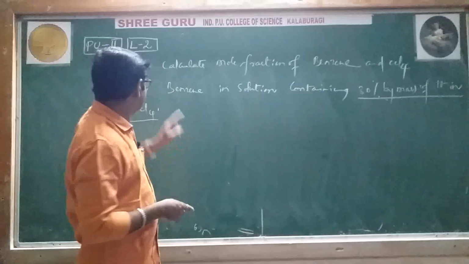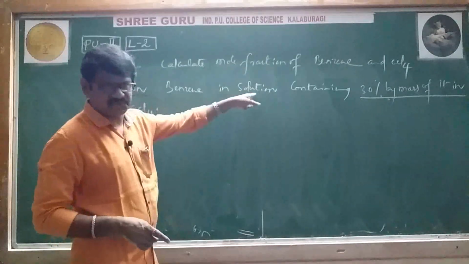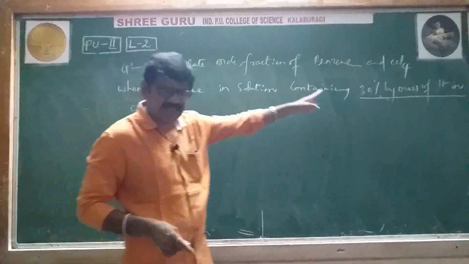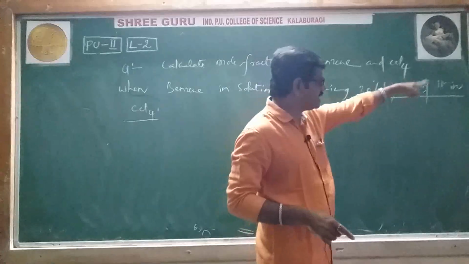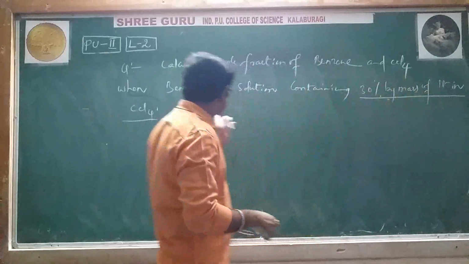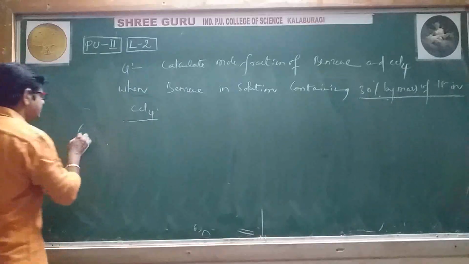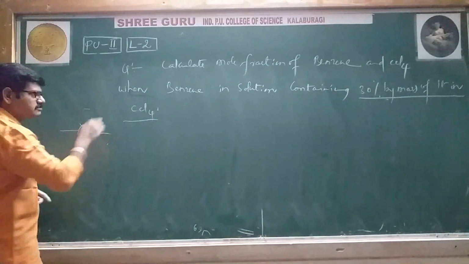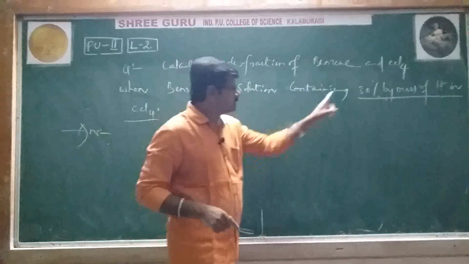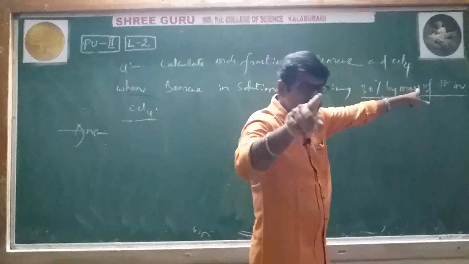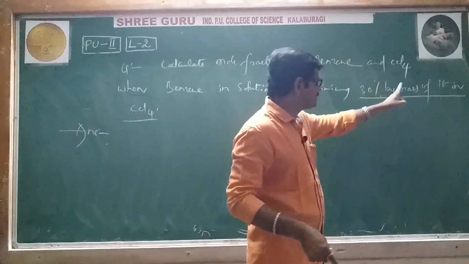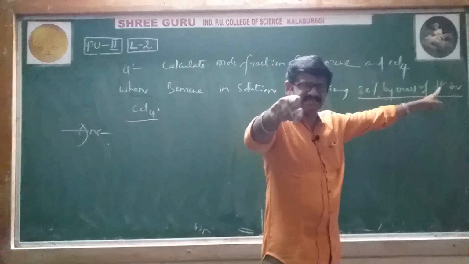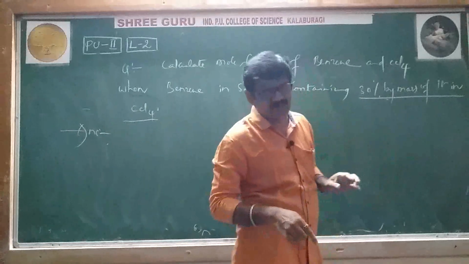Okay, I'll repeat. First we'll understand its statement. The meaning is 30% by mass of benzene is present in CCl4.